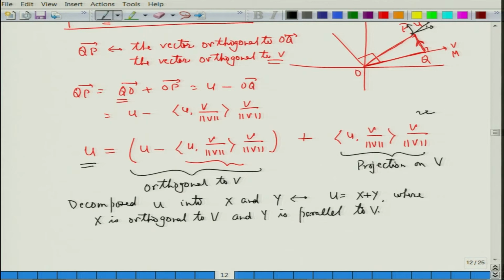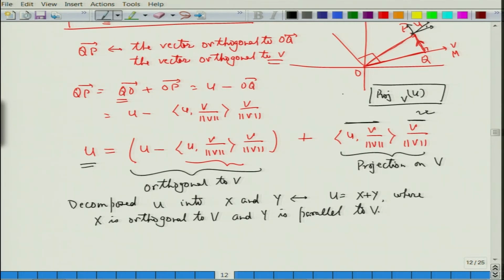Since you are looking at u with respect to v here, projection, I am stressing it again and again, it is a very important idea that you have to look at inner product of u with the unit vector v. This is what we have done, u with inner product v here and then multiplied by v. So this gives me the scalar quantity, the length in some sense, and this is the direction of that. So this is the length of the projection.